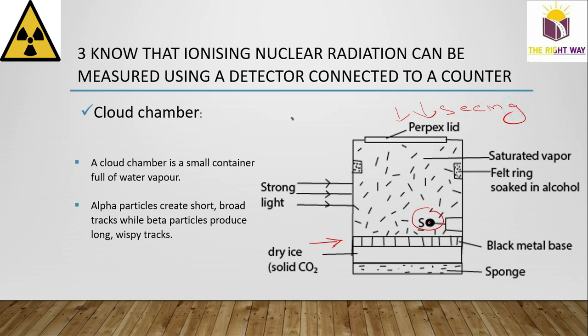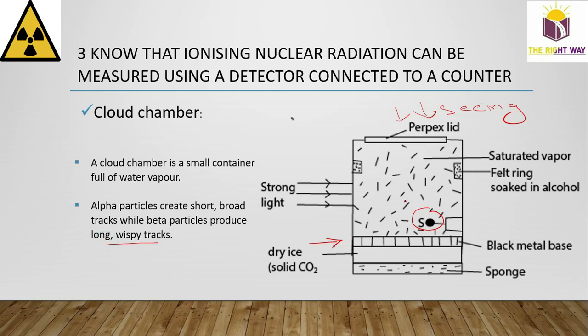When this source radiates alpha, beta, or gamma radiations, the alpha and the beta radiations can be seen by the cloud chamber. The alpha source creates short broad tracks, while the beta particles make long wispy tracks.